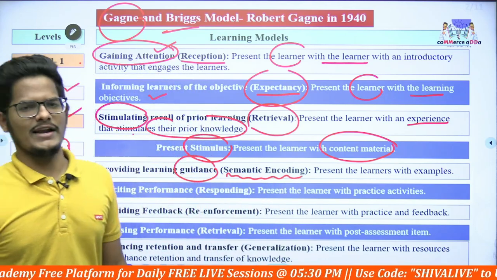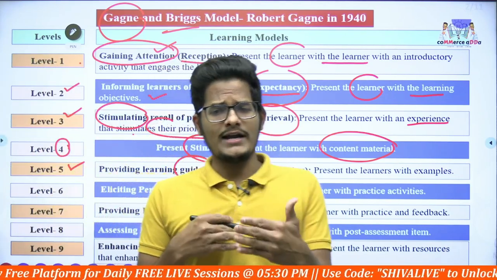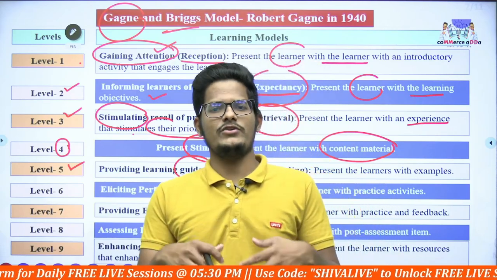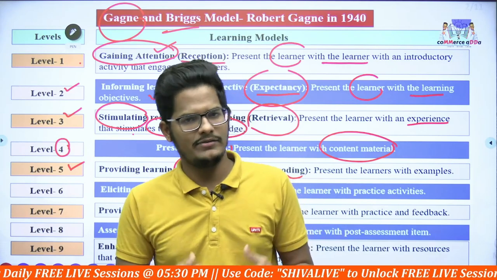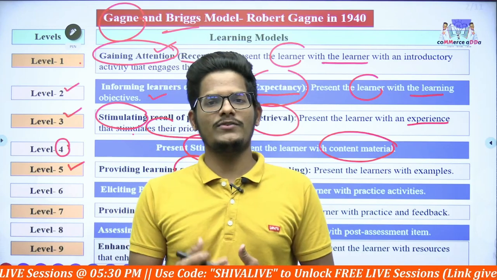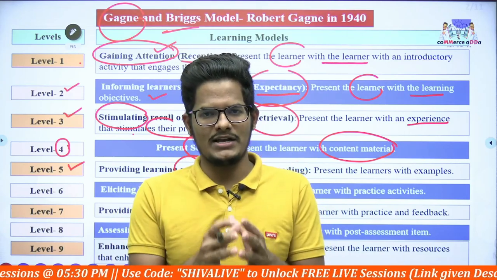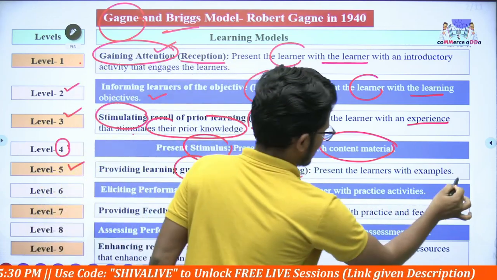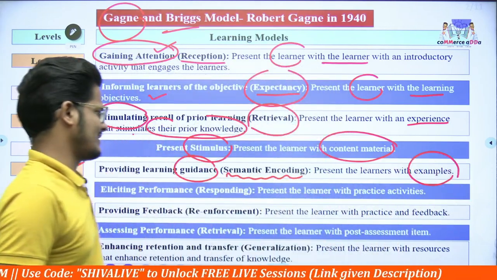What is this semantic encoding? We need to provide an example to the learner to help them understand better. Because when you explain in a normal, theoretical way, every learner may not understand at the first instance. That's why when you provide an example, conceptual understanding will be clearer. That is why an example always makes for better understanding.